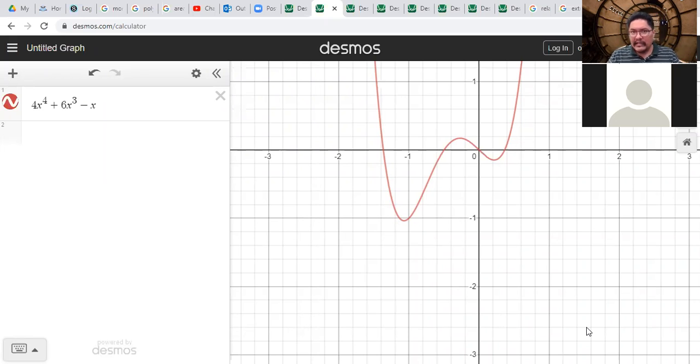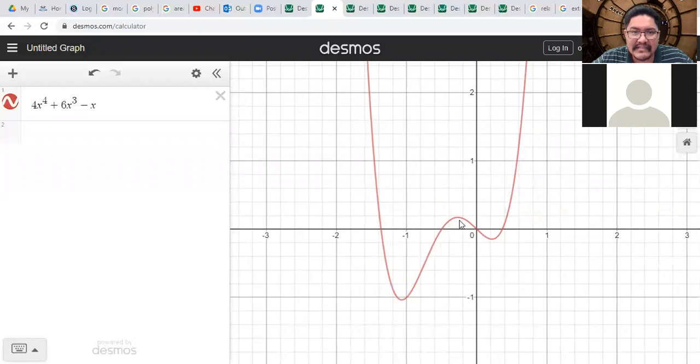So right now we are concerned with only the end behavior. What is the function doing at the far right and as we go all the way to the left? End behavior means we're ignoring everything in between. What is the last thing that it does?